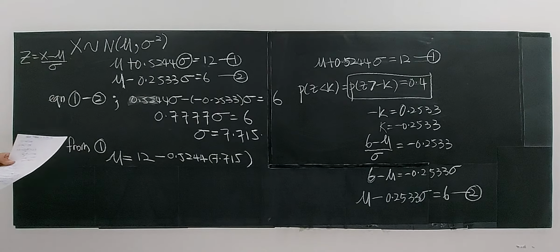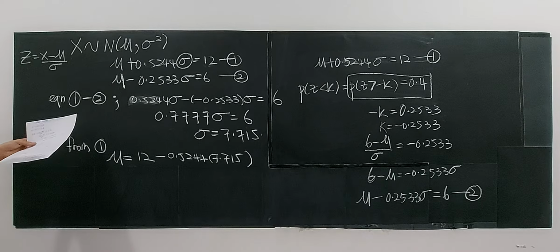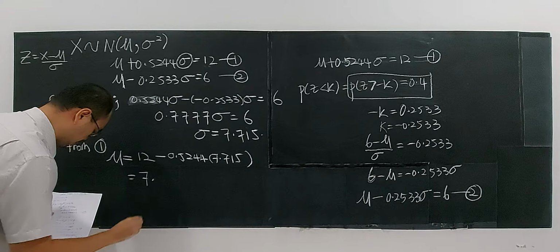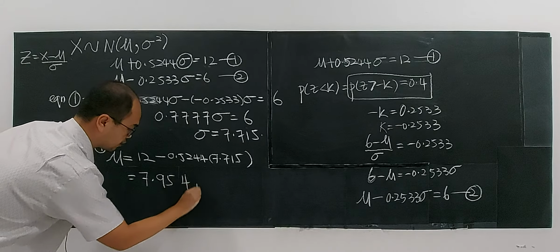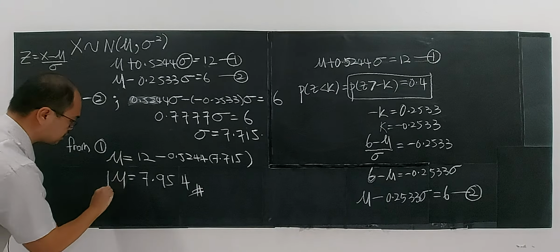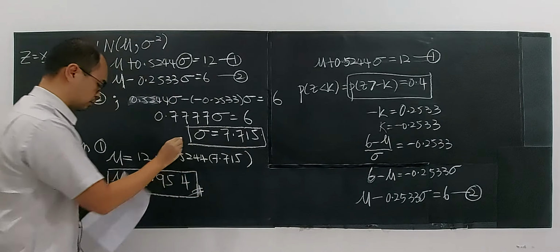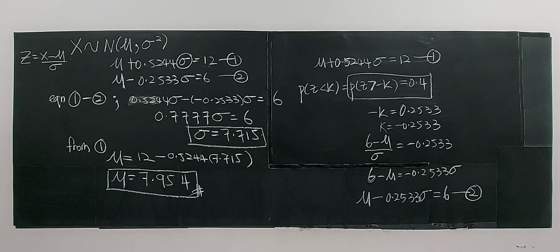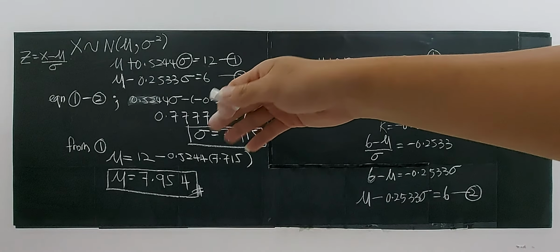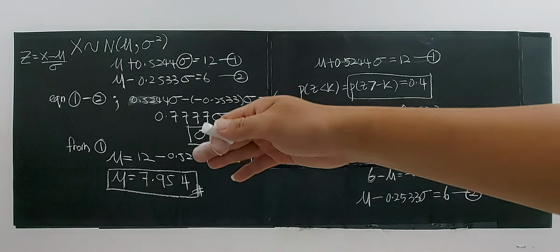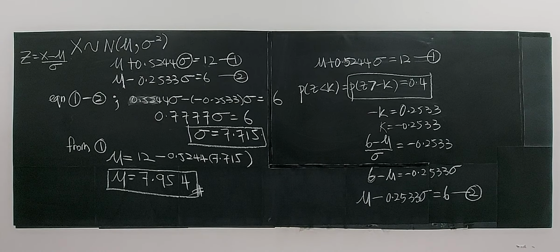So at the end, in 3 decimal places, the mean will be 7.954. So this is the value of the mean, and this is the value of the standard deviation, as the question requests you to find: 7.954, and another one will be 7.715. All right, that's all for this question.